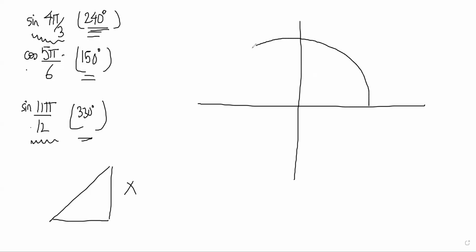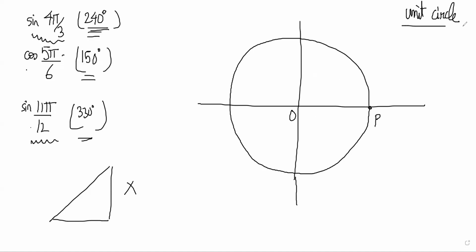So take this circle. What I want you to tell me is if my point P moves from here, remember that this is a unit circle. Unit circle means radius is 1. So if my point P moves from here and comes to this point, which is at 120 degrees, this is the x-axis, this is the y-axis, and obviously the origin is at 0, 0.